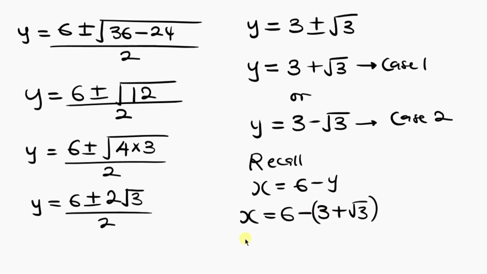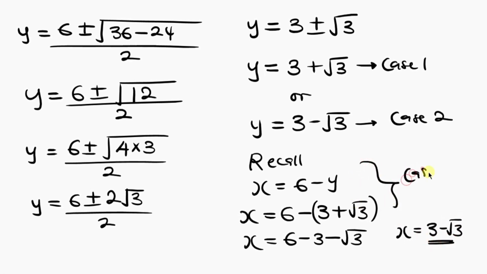So we have x equal to 6 minus 3. Now, minus times plus gives you what? Minus root 3. Finally, x is equal to 6 minus 3, which gives you 3 minus root 3. So this is the value for x in case 1.